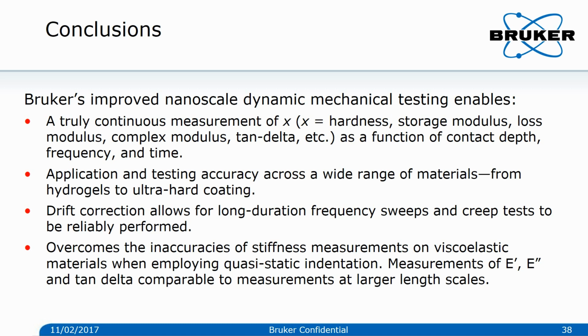On viscoelastic materials, nanoDMA is a method of choice that determines tangent delta, storage and loss modulus, and in conjunction with the xSol stage, it allows to determine the glass transition temperature, comparable to macroscopic DMA testing. Thank you for your attention.